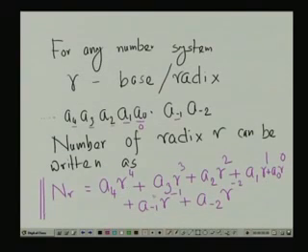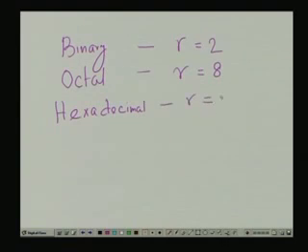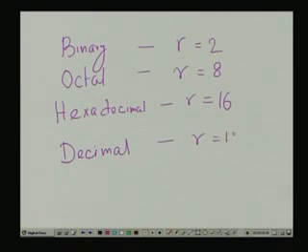And so far we have discussed that for binary number systems the radix is 2, for octal the radix is 8, for hexadecimal the radix is 16, and our known decimal, that is our real world, works when the radix is 10.